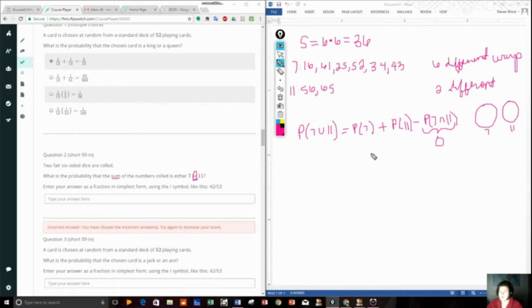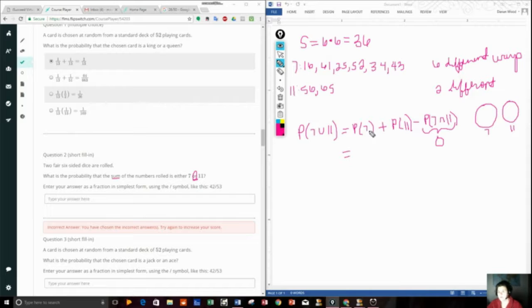So just keep in mind that when they gave you the two formulas, one with subtracting the intersection and one without, it really is just subtracting the intersection all the time, but when they're mutually exclusive, they have no intersection, so then it's just subtracting 0. So it is the same formula.